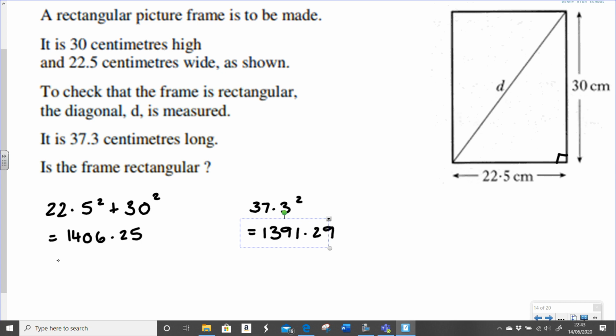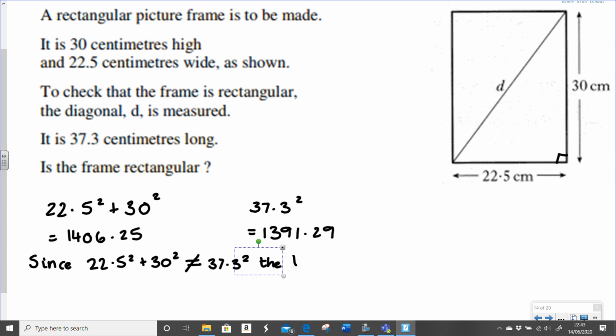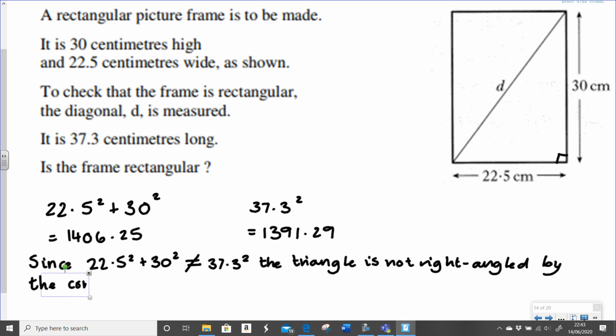We want to therefore make this statement. So we want to say, since the two short sides squared do not equal, and the symbol for does not equal is an equal sign with a line through it, does not equal 37.3 squared, the triangle is not right-angled by the converse of Pythagoras.